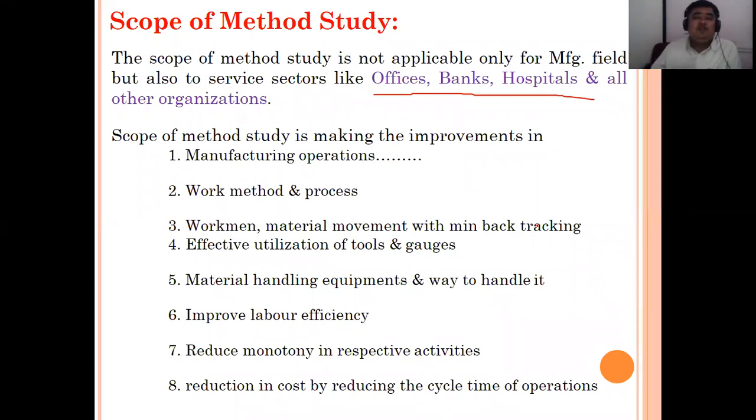What is there when you enter the hospital? Some sitting arrangements are there, and then a counter. Which counter can we call it? Reception counter, correct, Shubham?